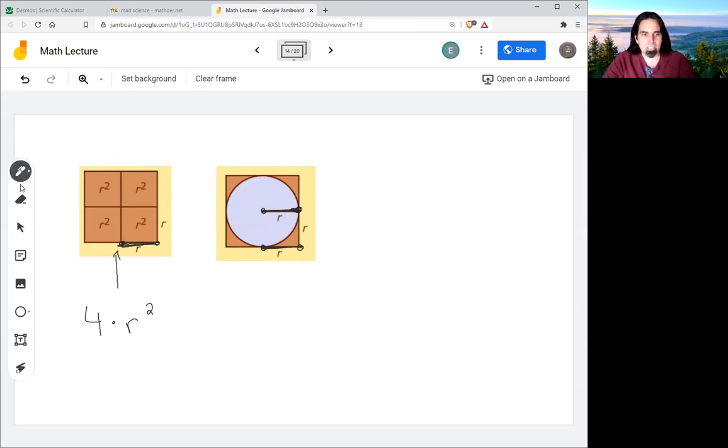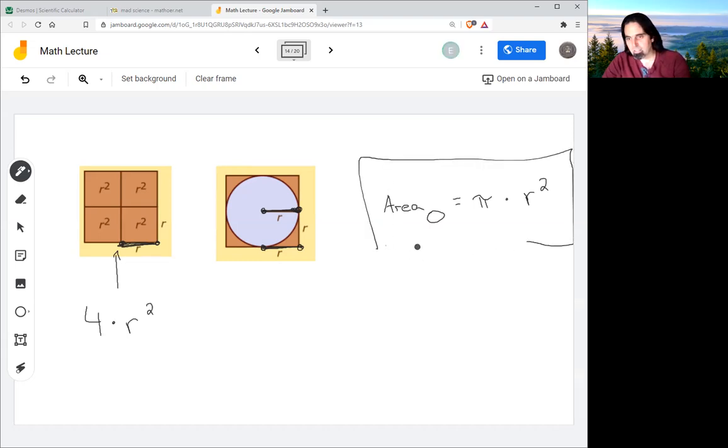So amazingly, it works out that the area of a circle is a little bit more than 3 of those r squared boxes. And this is actually a surprising thing that took the ancient Greeks by surprise. And they loved it.